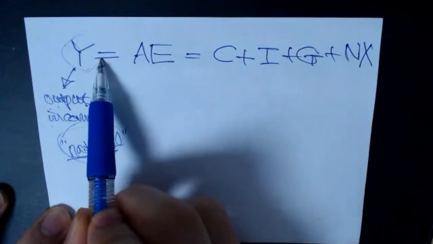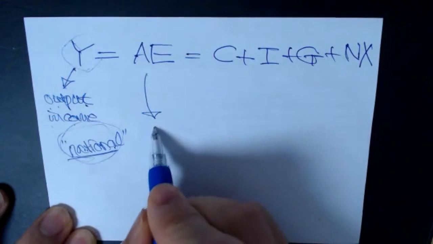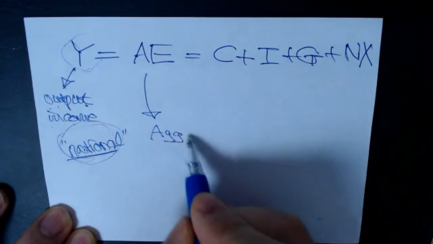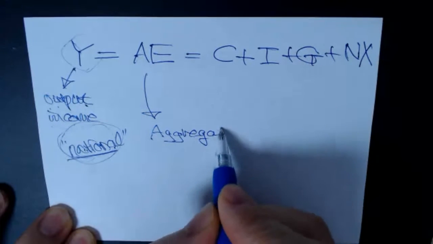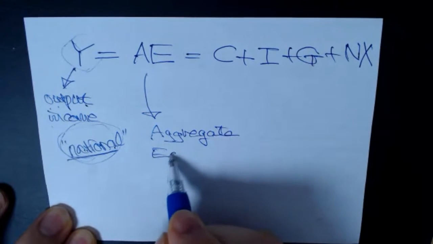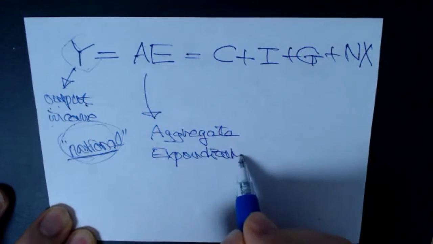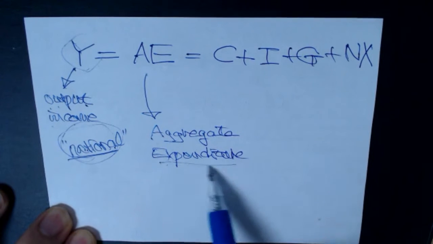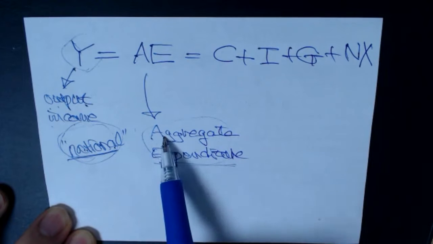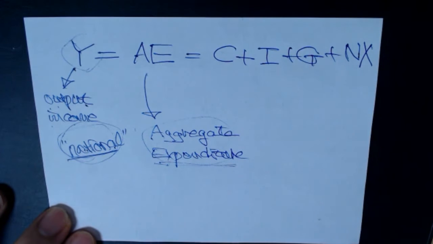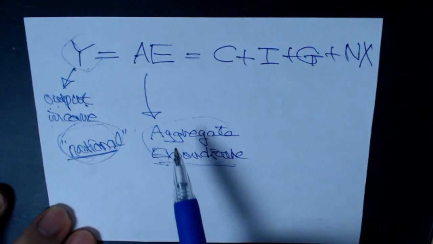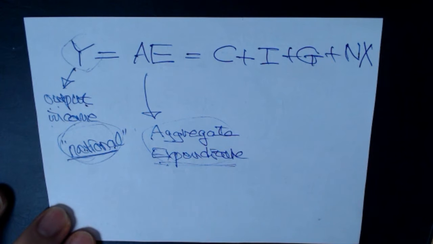So output equals aggregate expenditure. Total spending in the economy, we call aggregate expenditure. The meaning of that expenditure is total spending in the economy.